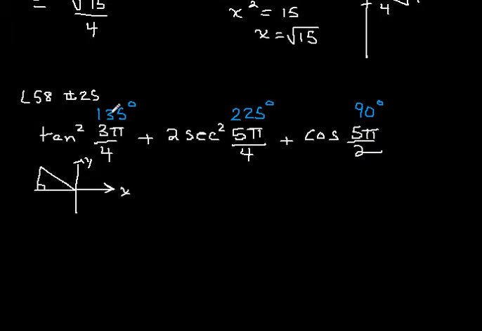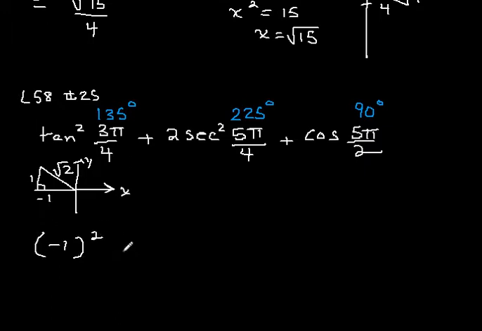Because it has a 5 at the end. So if it's tangent, this has to be 1, this is 1, this is the square root of 2. And this has to be -1. So the tangent is opposite over adjacent, so it's going to be -1 squared.